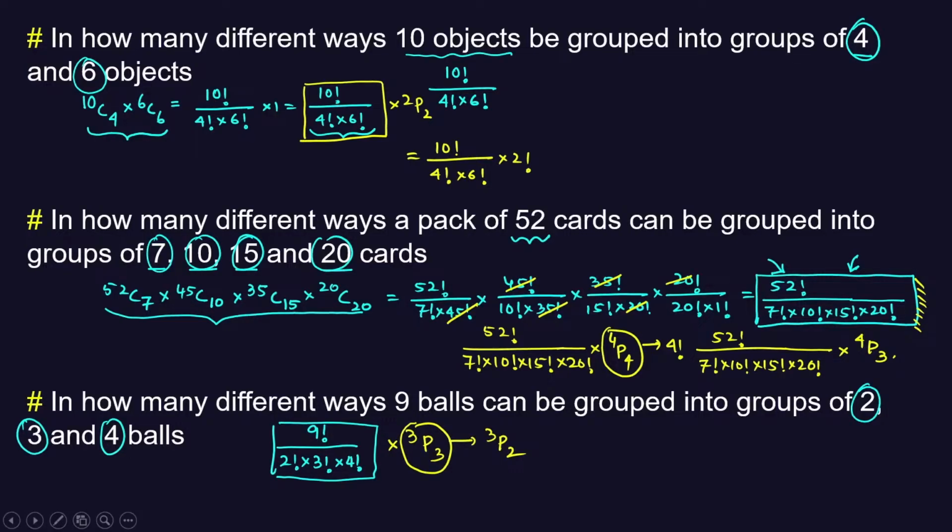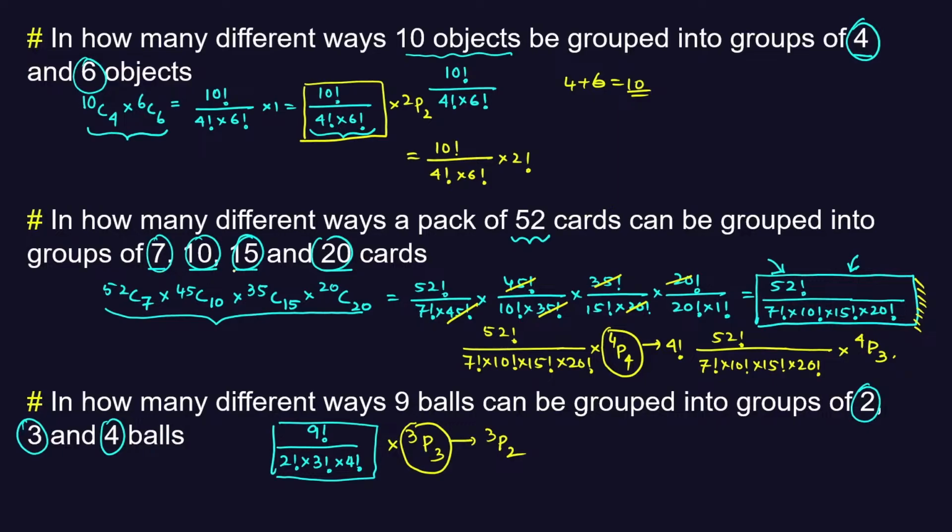Now, have you observed one thing? So far, in whatever examples we have taken, here there are 10 objects, and those 10 objects have been grouped into groups of 4 and 6 objects. That is, the total number of objects in the 2 groups is 10, which is the total number of objects available to us.